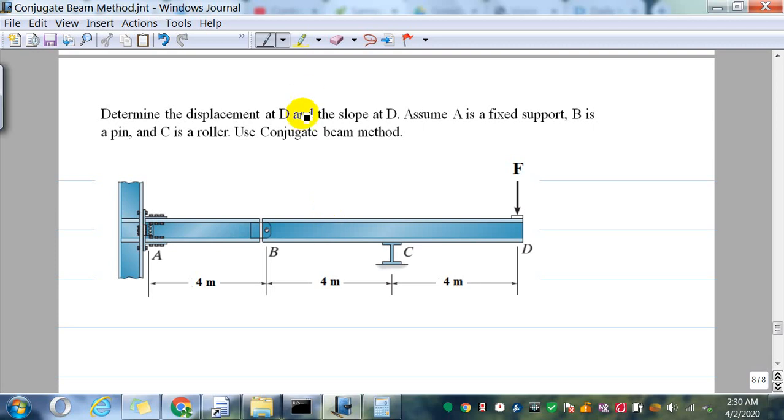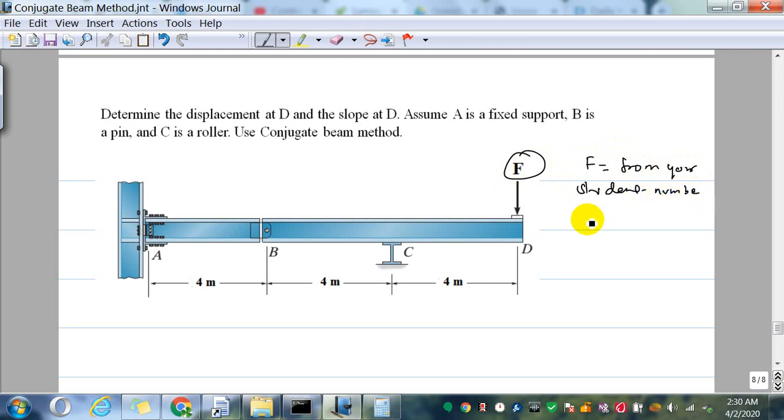So here you can see: determine the displacement at D and the slope at D, at this point. Assuming A is a fixed support, B is a pin, and C is a roller, use the conjugate beam method, and you know that there is an F value. This force is from your student number.